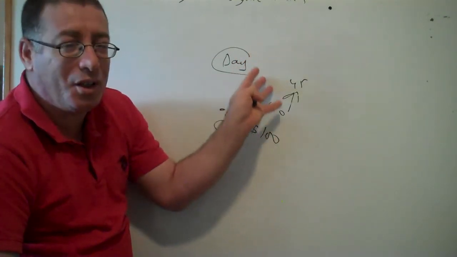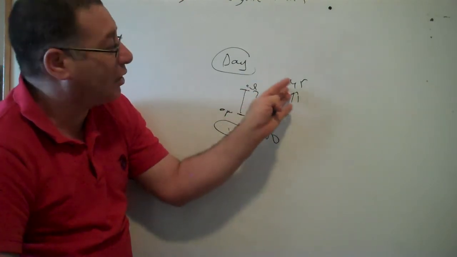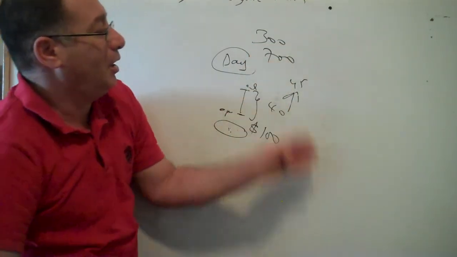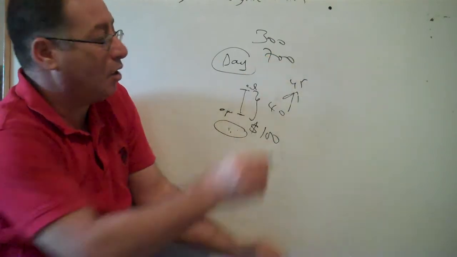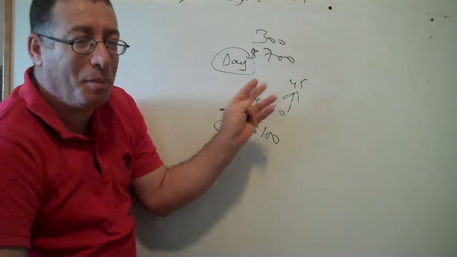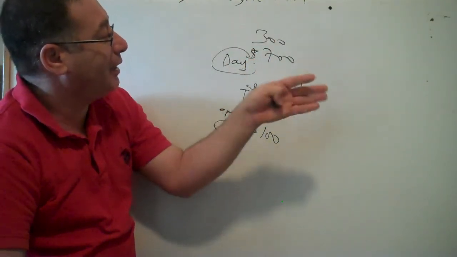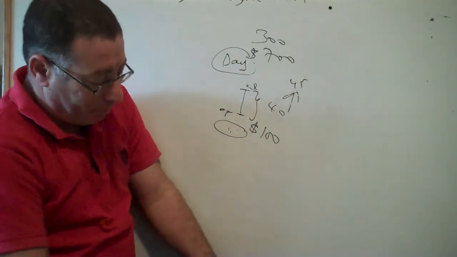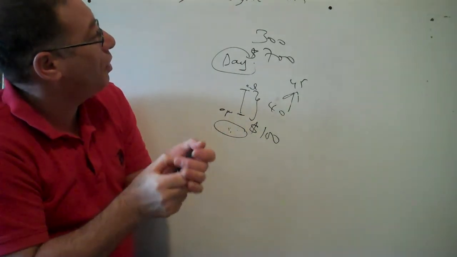But big traders use thousands and thousands of shares. If you find a stock that is 300 or 700, and he buys 1,000, 2,000 shares, believe me, he will make a lot of money. But if the stock goes against him, he will get out with limited loss. So this is for today, for how you choose your stock.